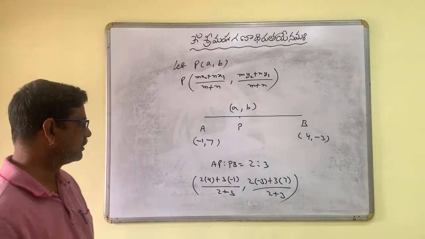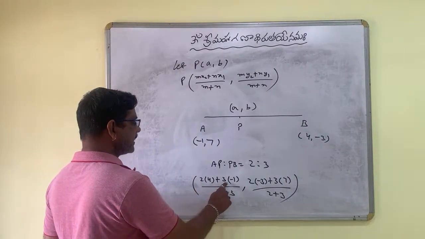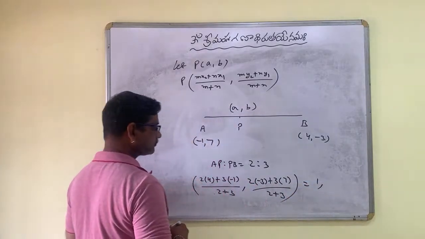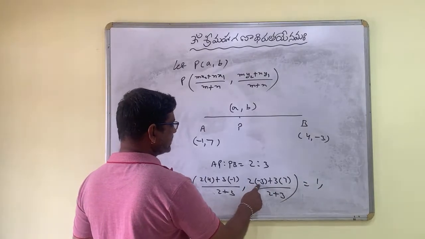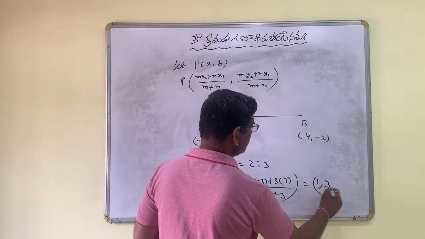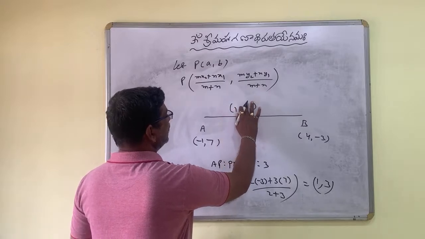Inserting the values, now simplify. 2 fours are 8, 8 minus 3 is 5, 5 by 5 is 1. Minus 6 plus 21 is 15, 15 by 5 is 3. So the coordinates of P are (1, 3).